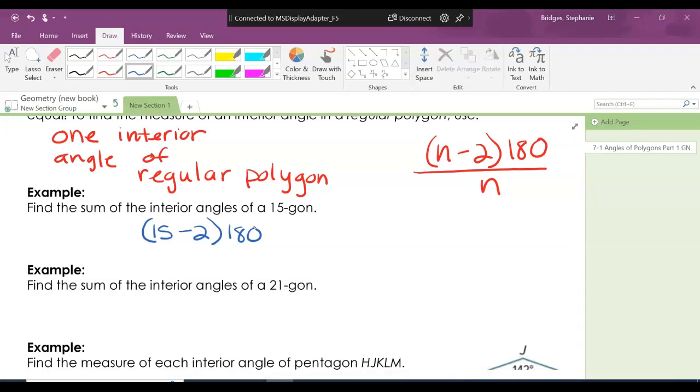What's 15 minus 2? 13 is right. And then we multiply that by 180, and we get 2340. Is that my answer? Yeah.